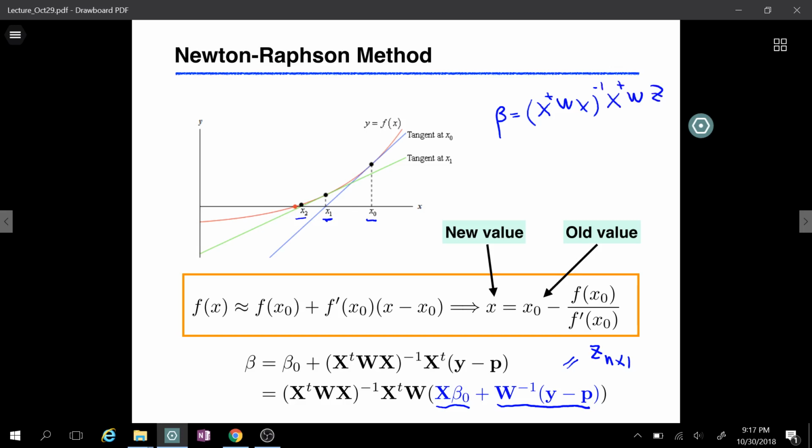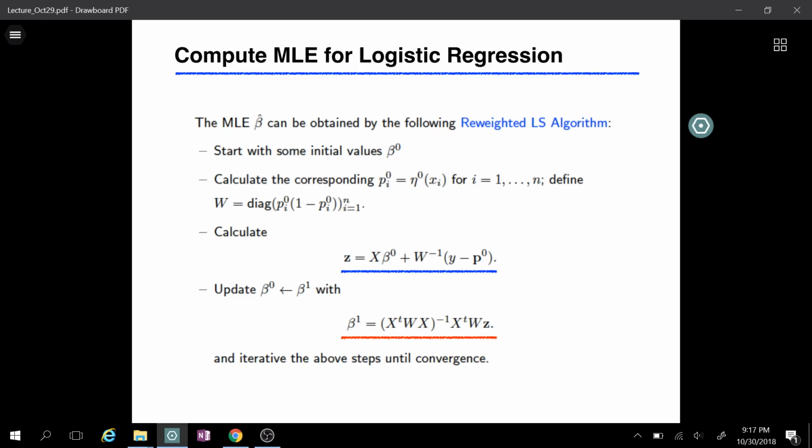This is the least squares coefficient when you are running a weighted least squares, because if there's no W, that's ordinary least squares. But with W, a diagonal matrix, you assign a weight to each of the n observations.